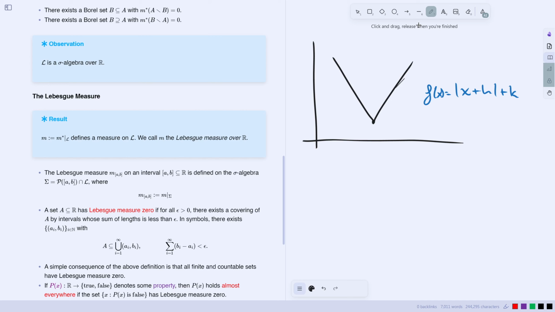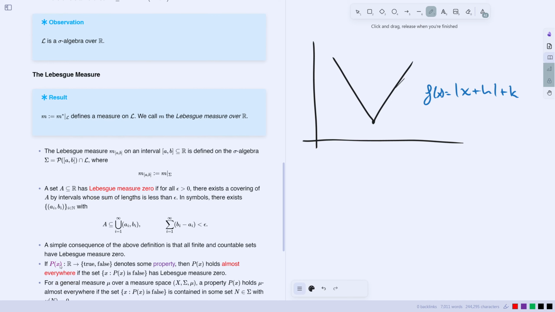The idea is, if I have a property p, whose input is a real number and output is a Boolean, true or false, then we say that the property holds almost everywhere if the set of real numbers where the property does not hold has Lebesgue measure 0.